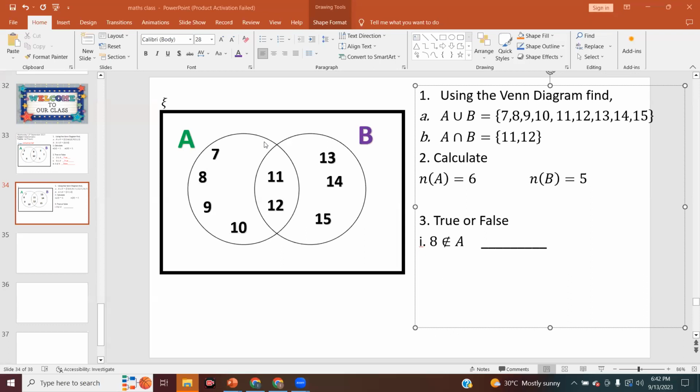Why did you put false? I'm being honest, because everybody put false. At least you're honest. It says 8 is not an element of A. Do you see 8 in A? Yes, sir. Since 8 is in A, we cannot say that 8 is not an element of A. Does that make sense? Yes, sir. So the answer is false.